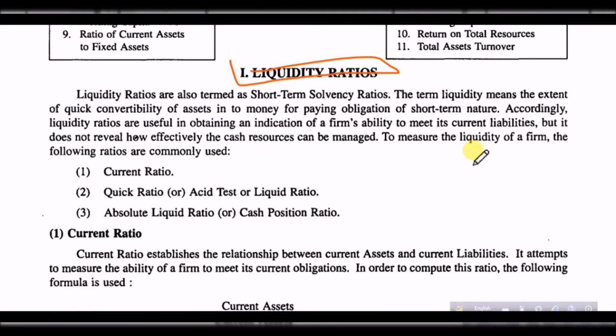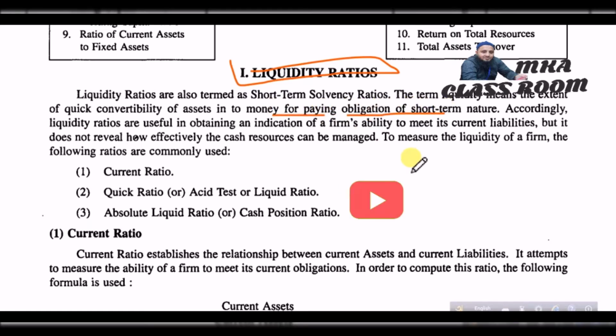Liquidity ratios. Liquidity ratios are also termed as short-term solvency ratio. The term liquidity means the extent of quick convertibility of assets into money for paying obligations of short-term nature.